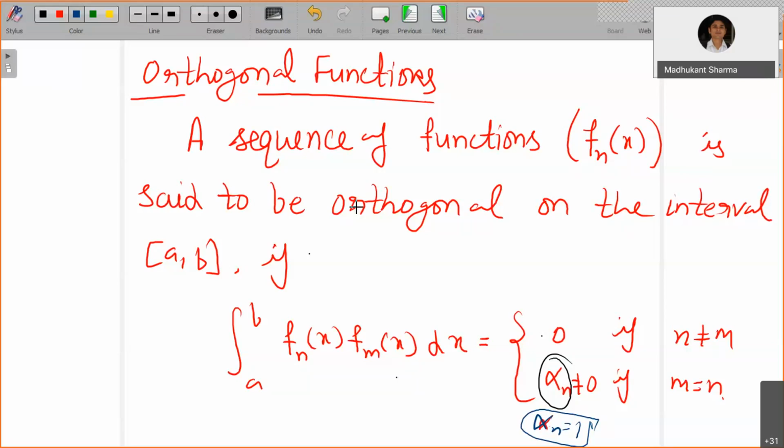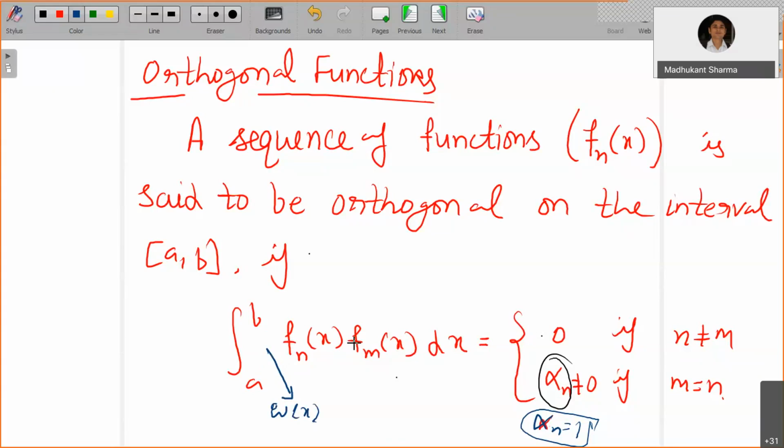Okay, now moreover, there may be a chance that this type of integral may not be 0 for different n and m, meaning n not equal to m. So there may be a requirement of introducing one more function in this product, which we may denote by w of x, called the weight function, meaning you are going to weight this product.